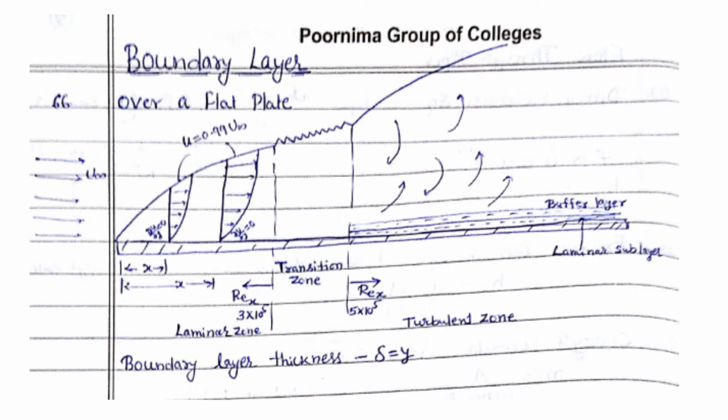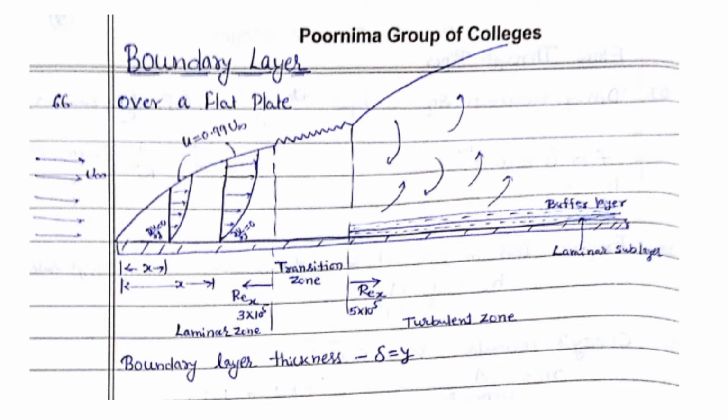Now the boundary layer theory, it was given by the scientist Prandtl in 1904. According to this boundary layer theory, when the flow of the fluid is developed on some surface, then the relative velocity of the layer which is in contact with the surface will be exactly 0, because at the surface shear stresses are highly dominant.